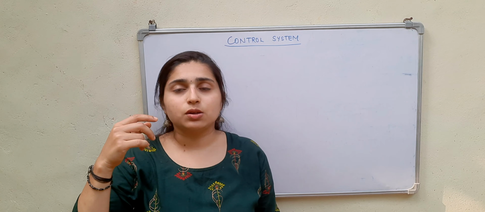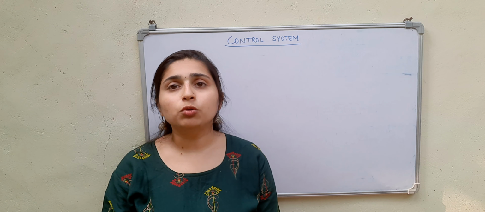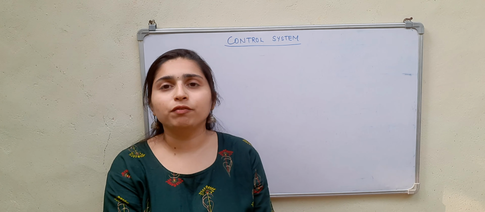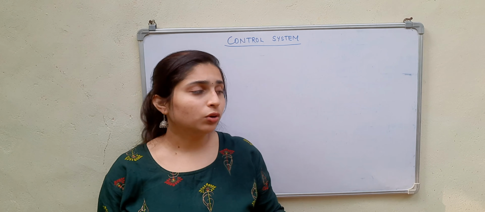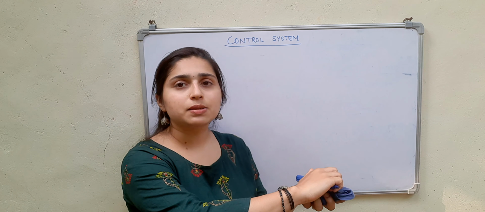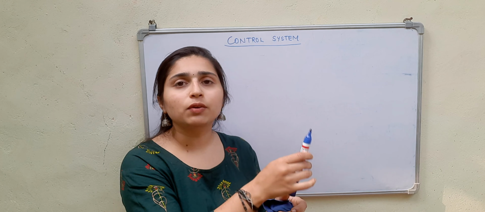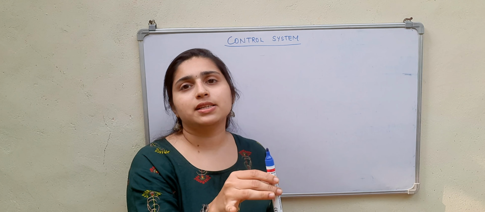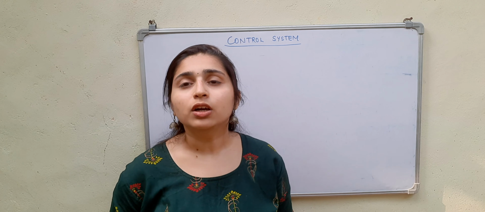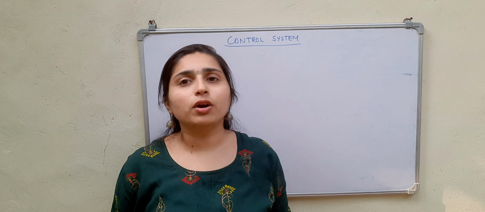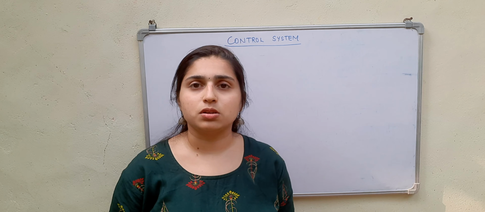Likewise our eyes follow a moving object to keep it in view. Our hands also, if I grasp this object, we automatically try to place it at a predetermined location. So our human body is the best example of a control system.